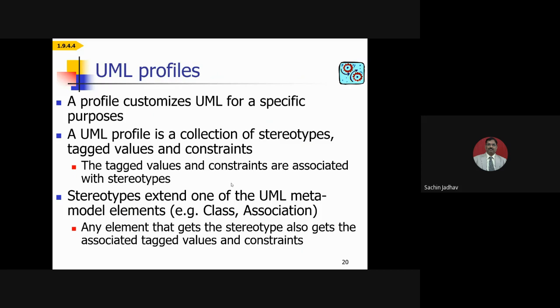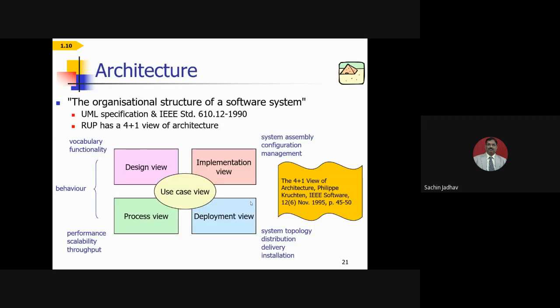So when you are collecting the stereotypes and constraints for only a specific purpose, that is known as what? UML profile. Stereotypes extend one of the UML meta model elements, for example class, association, etc. Any element that gets the stereotype also gets the associated tag values and constraints. All of those are collected into one thing that is known as a UML profile.